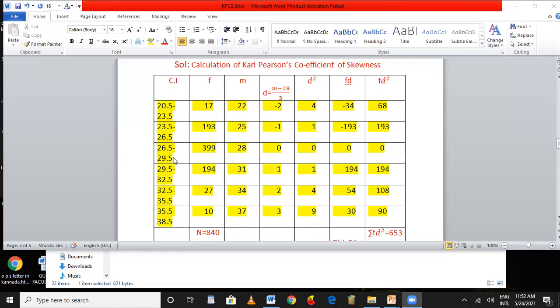If we know the modal class, we can calculate the actual mode where it lies.